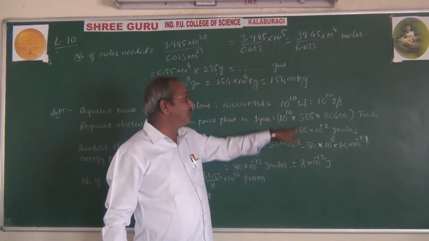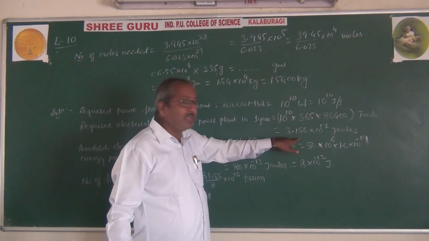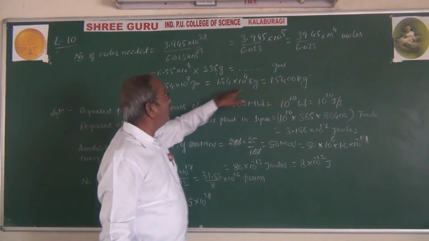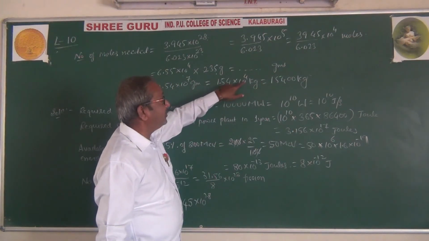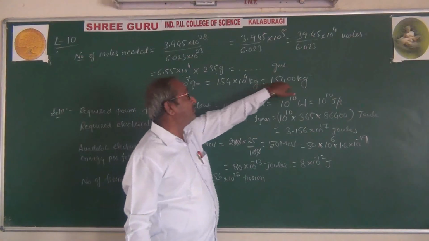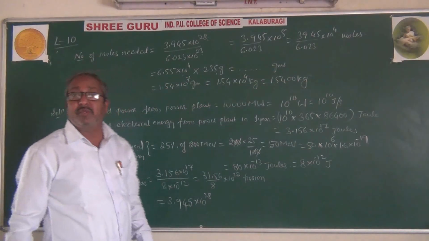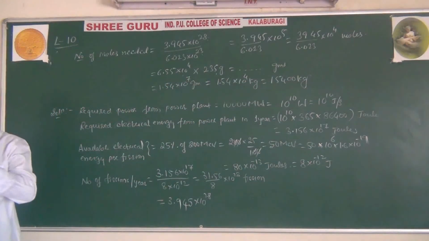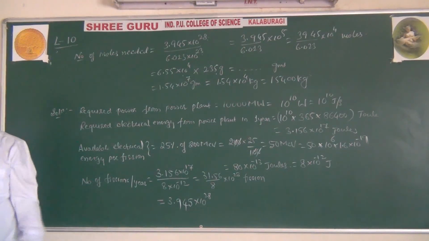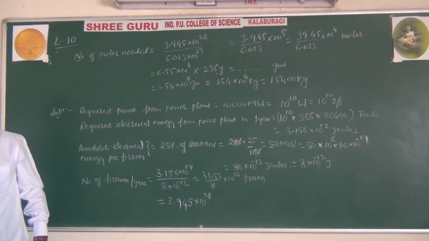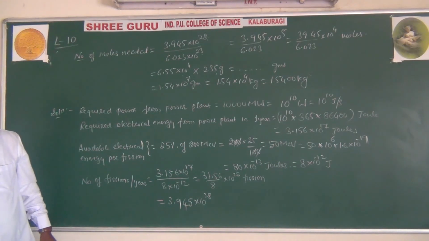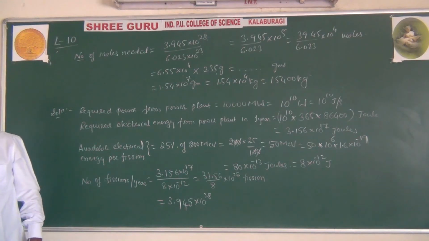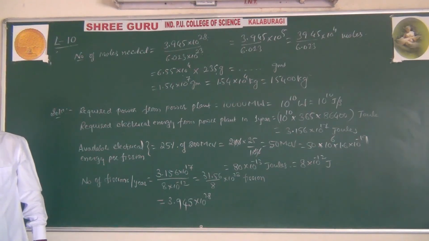Per year is energy; this is per second, this is per year energy. So therefore the total mass is 1.54 into 10 raised to 4 kg, or 15,400 kg of uranium will be required for that thermal power plant for one year. 15,400 kg mass of uranium will be required, so that we can get the total power of 10,000 watt.